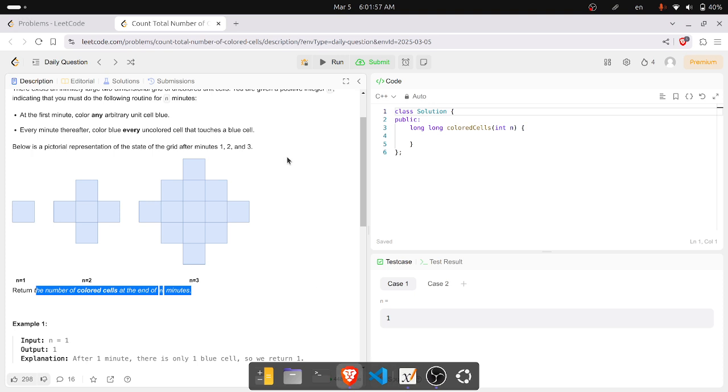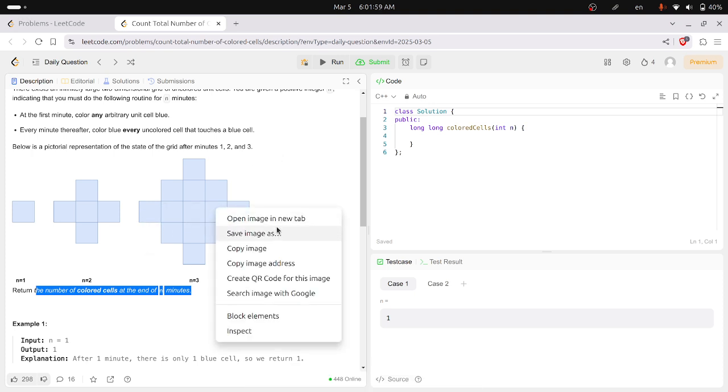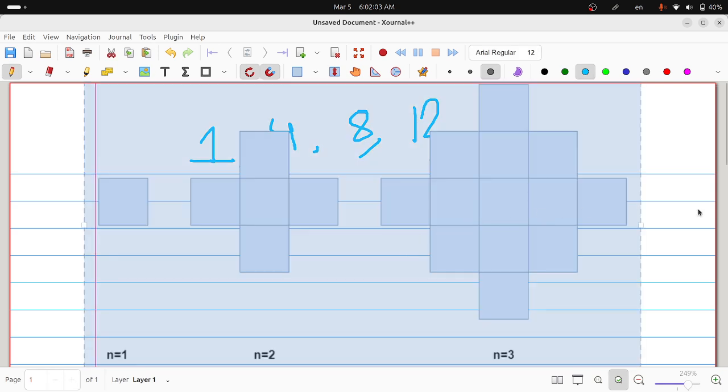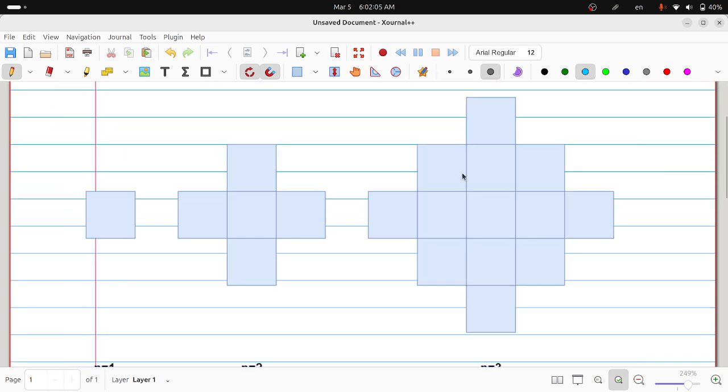Is it that I'll add, I don't know, can I copy this image? Okay, I could. Okay, let's try to color it somehow.